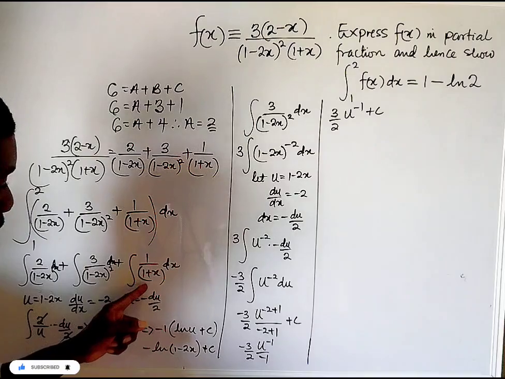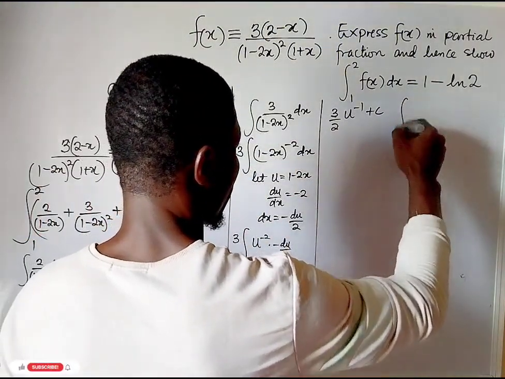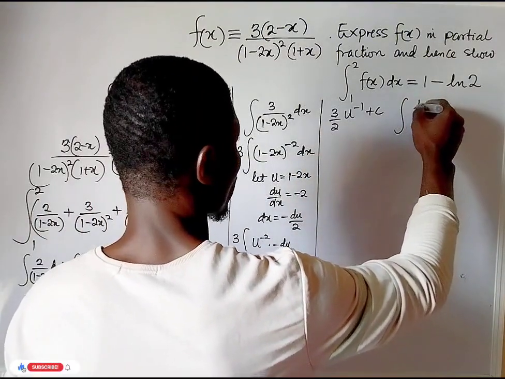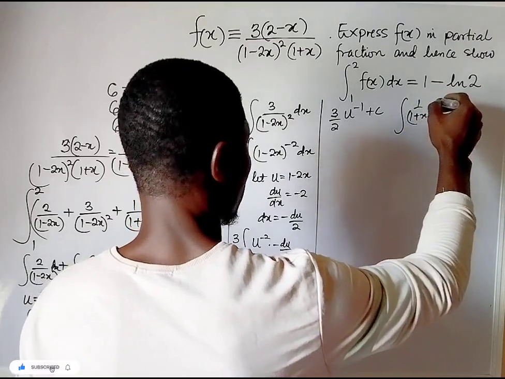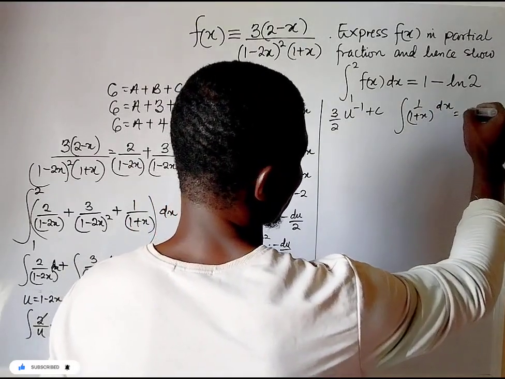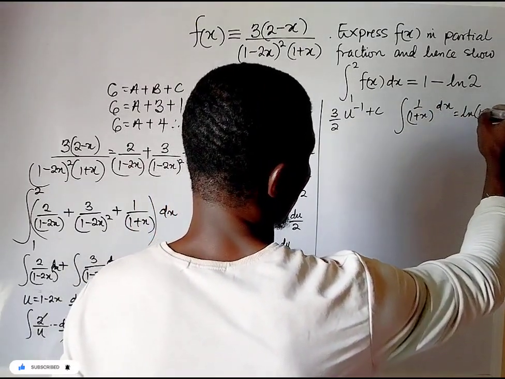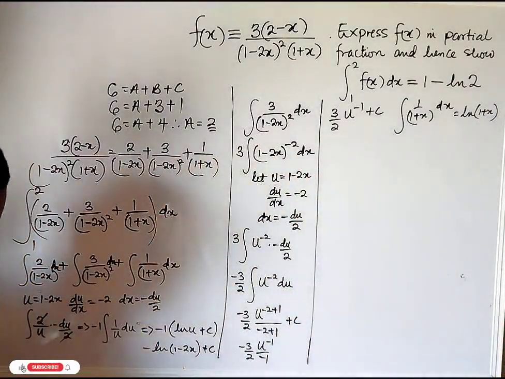And for this one, a simple way: the integral of 1 over 1 plus x dx is just straightforward, equals ln of 1 plus x, then plus c. Alright, let us bring everything together.